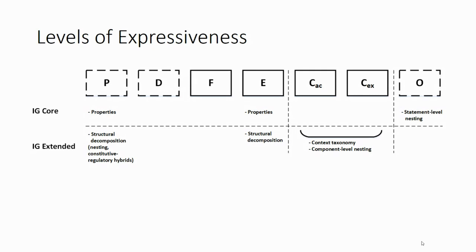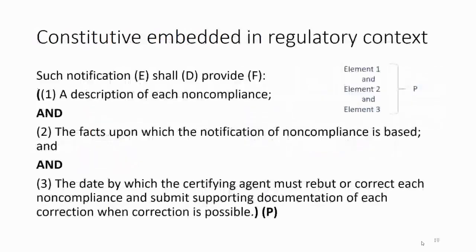In this context, we'll also introduce the concept of constitutive-regulatory hybrids, as you will see, and we'll also borrow, on the IG Extended level, the conception of the context taxonomy and component-level nesting as introduced in the context of regulatory statements. So this is equivalent to the regulatory side of the institutional grammar. But to see the motivation specifically for the structural decomposition, let's look at those aspects specifically in the upcoming slides.